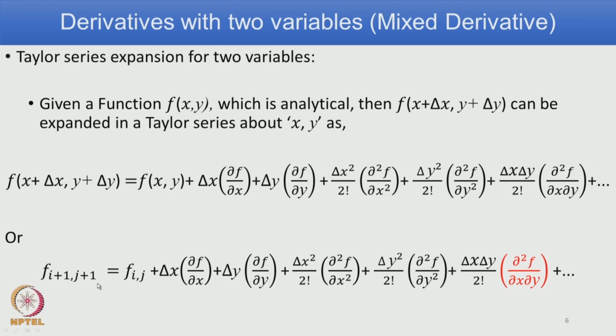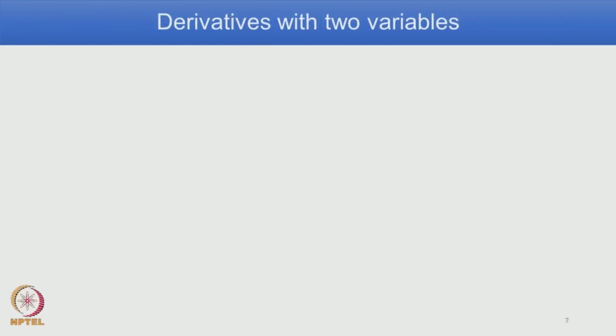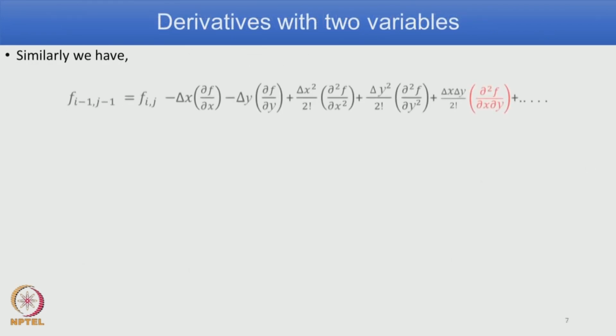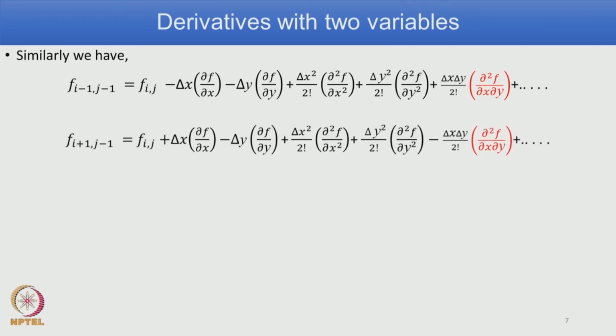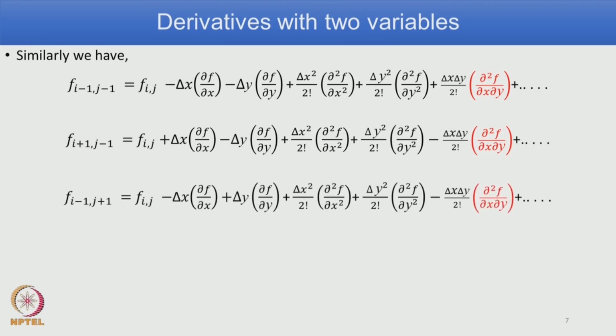We can repeat this for different combinations of i and j, and that is what is given here: f of i minus 1 j minus 1, f of i plus 1 j minus 1 and f of i minus 1 j plus 1.